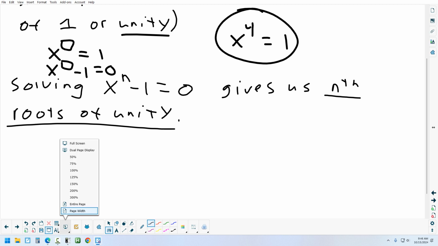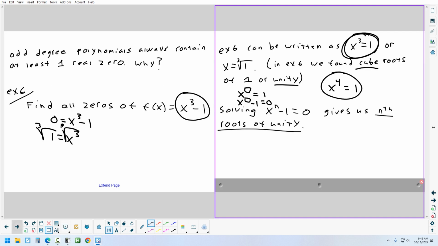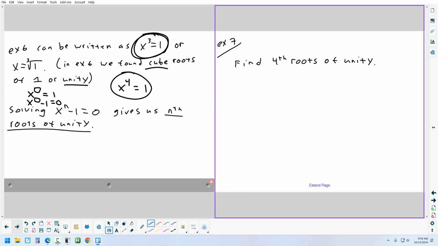Okay, so let's try that on this one. So the first step here would be to understand what the equation is they want you to solve. They want you to set up an equation where you would be taking the fourth root of each side to solve it.